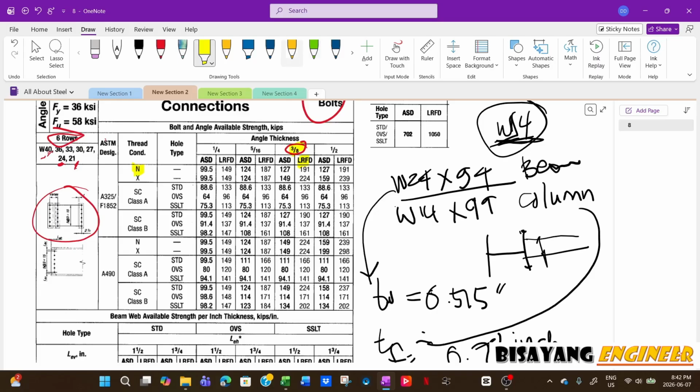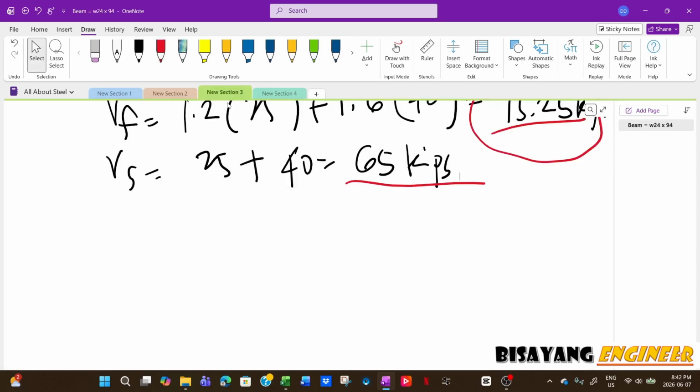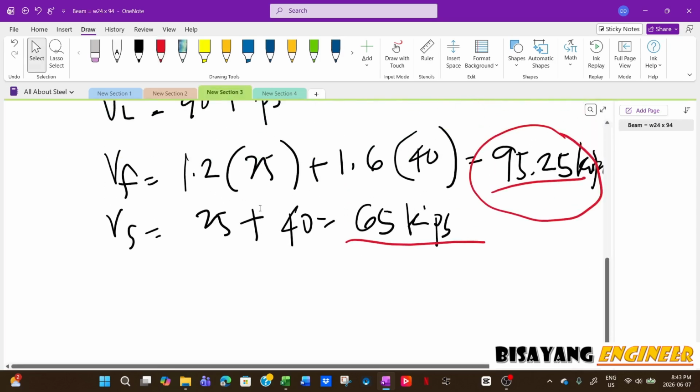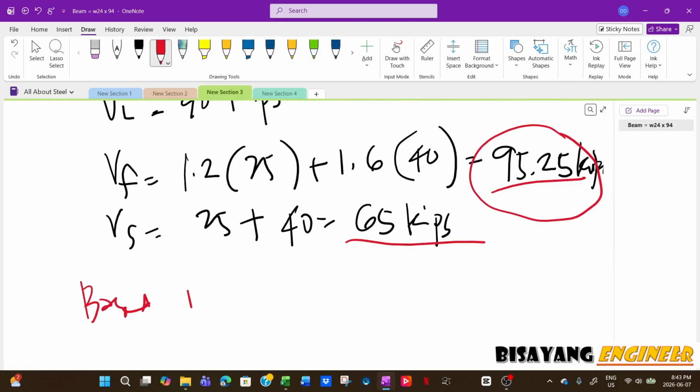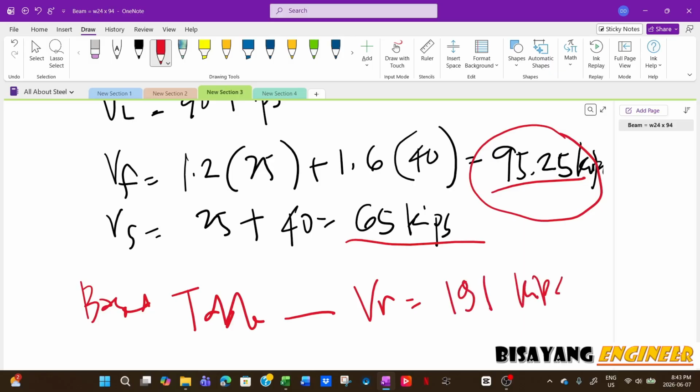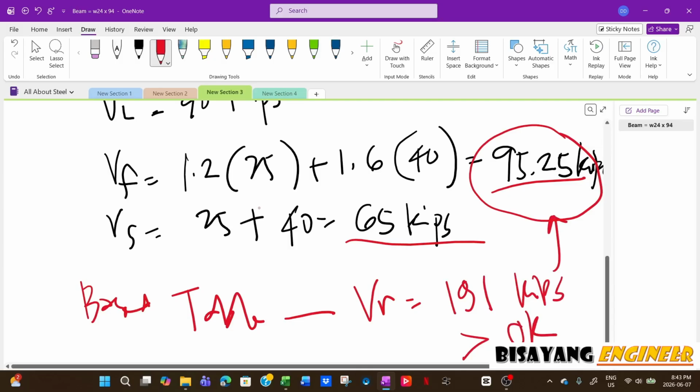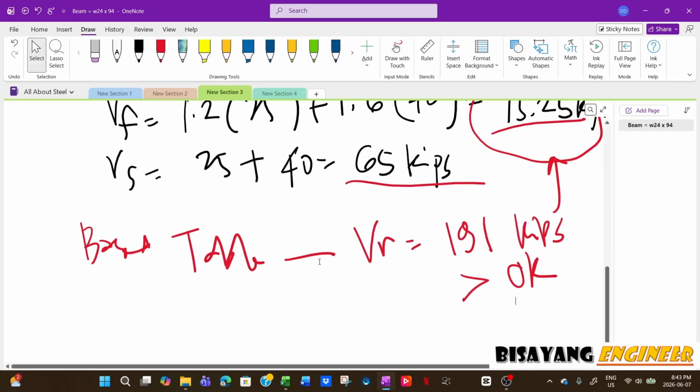That means our capacity is 191. So based on, let's just say, whatever table, the shear resisting is equal to 191 kips, which is greater than this one. So this is okay. Now the ASD, so this is 65.